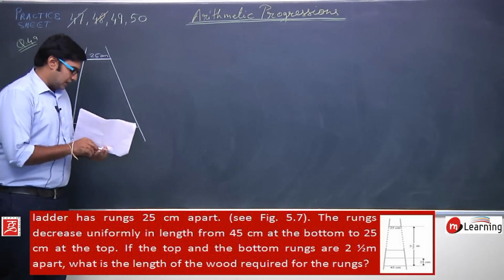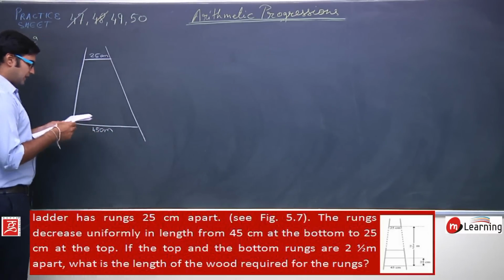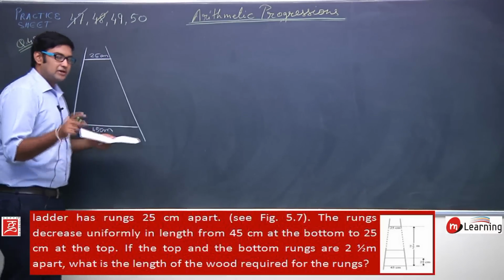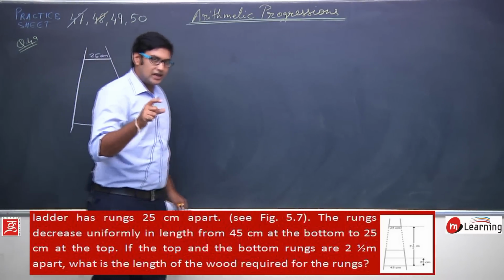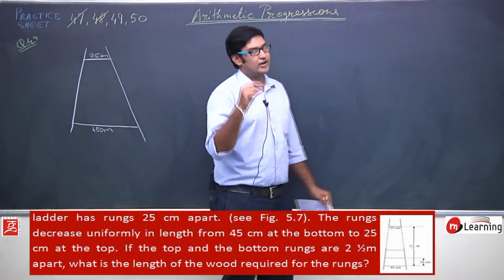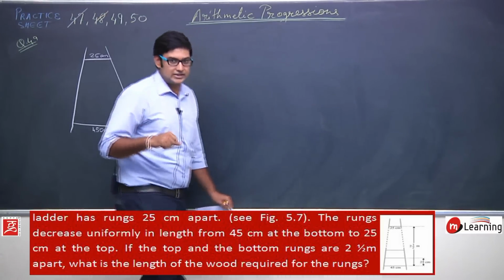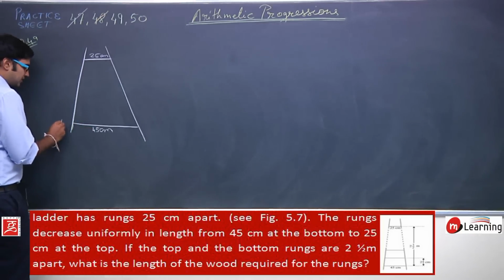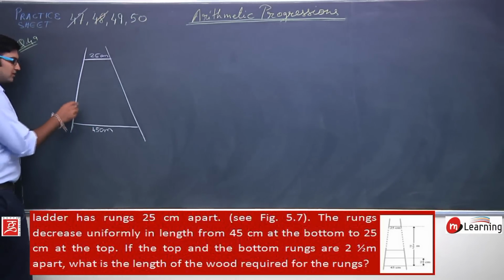Then it says a ladder has rungs 25 centimeter apart. So the rungs in this ladder are 25 centimeter apart from each other. If this is the bottommost rung, let us say this is the first rung.